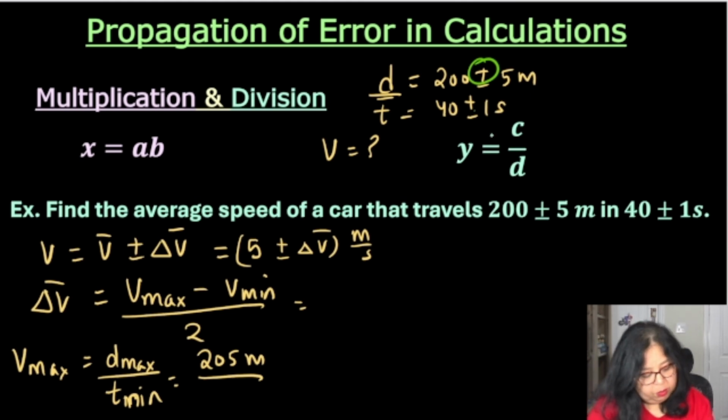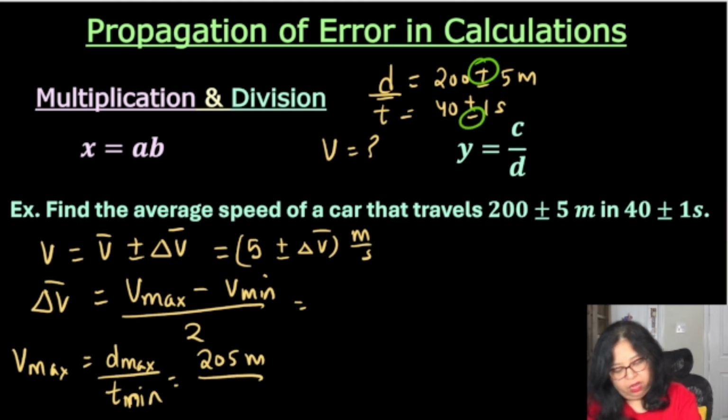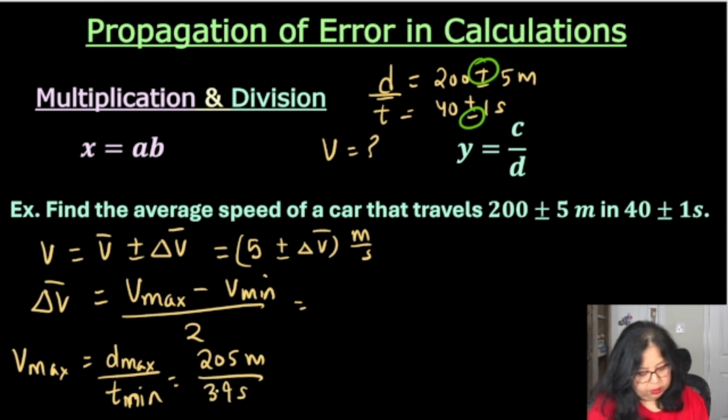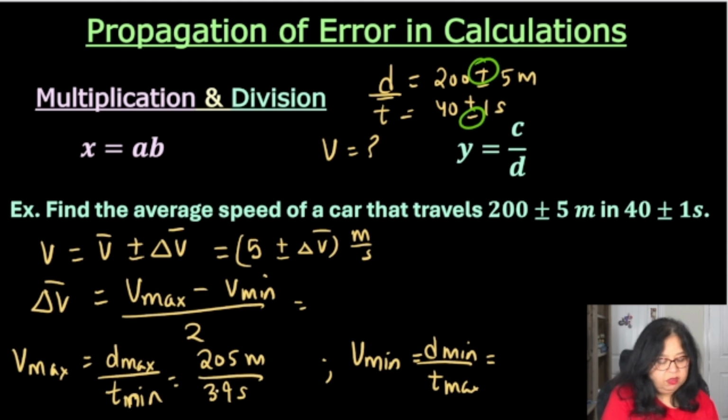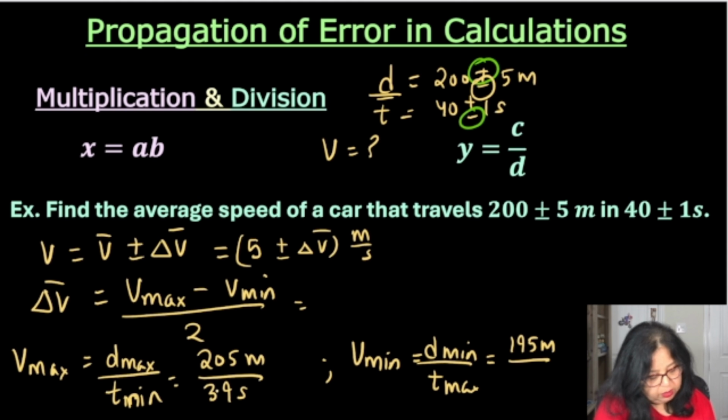And time T is minimum when we use this negative sign, so that would be 39. Let's go ahead and find out V minimum's formula at least. D is minimum, time T is maximum. D is minimum when we use this negative sign, so it's 195 meters. Time is maximum when we use plus sign, 41 seconds.